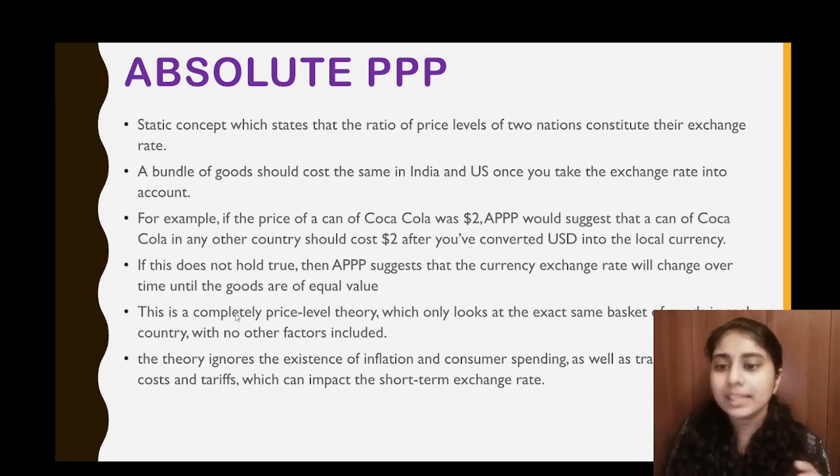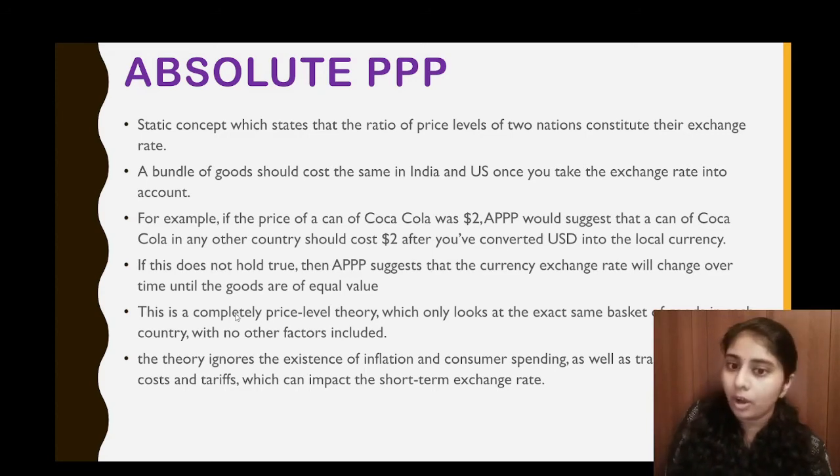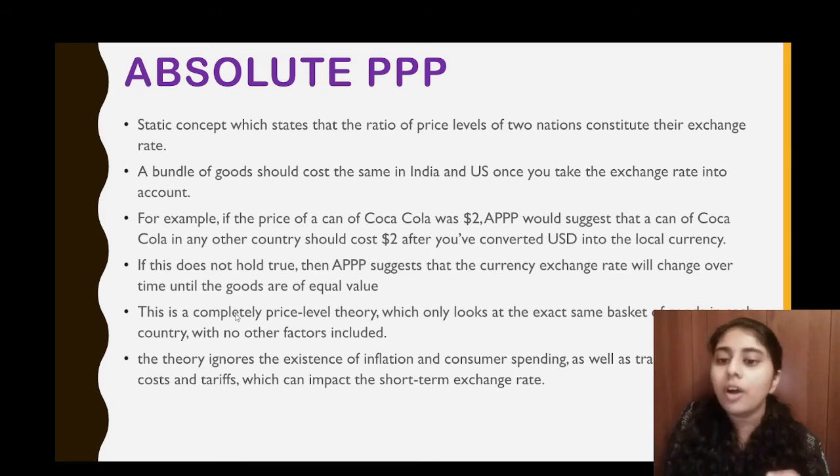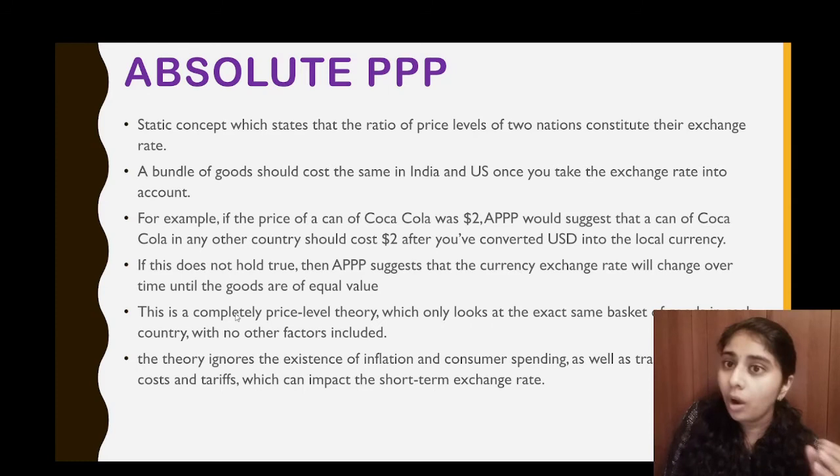For example, if one can of Coca-Cola costs $2 in America, according to absolute purchasing power parity, the can of Coca-Cola in any other country should cost $2 after you have converted US dollars into local currency.